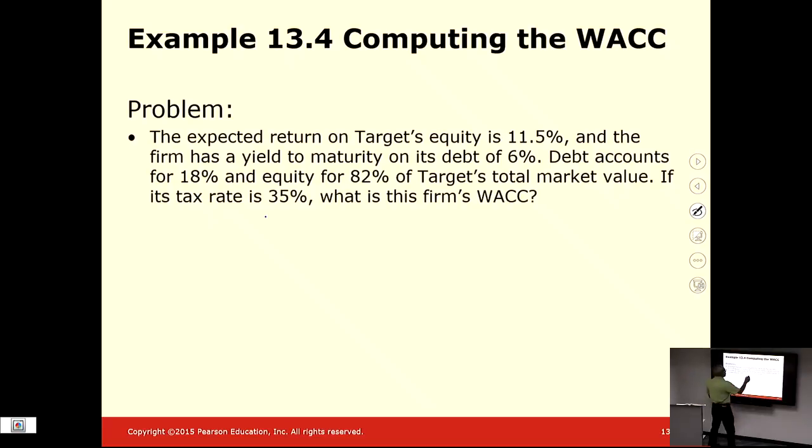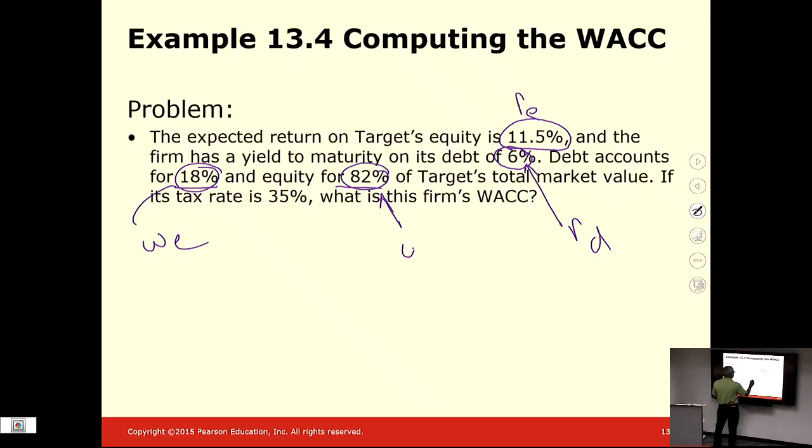Another example: the expected return on Target's equity is 11.5. It has a yield to maturity on debt of 6. So this is RE, this is RD. Debt accounts for 18% and equity for 82%, so this is WE and this is WD, and this is my corporate or marginal tax rate.